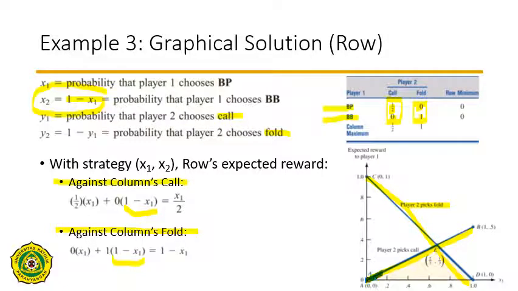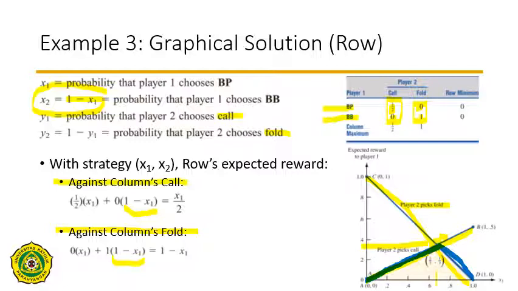So the line that will happen is this, from A, E to D, because player 2 will always try to minimize the reward for player 1. So the best thing that player 1 can do to maximize his profit is at this point, E. At that point, x1 equals 2/3, and the expected reward if player 1 plays this randomized strategy is 1/3.